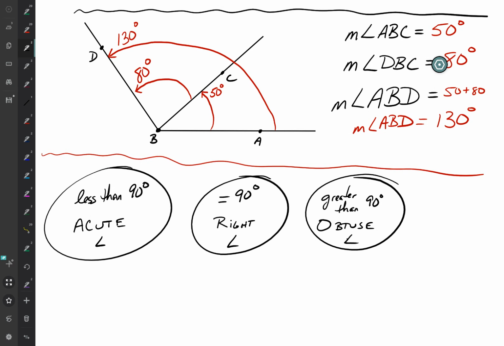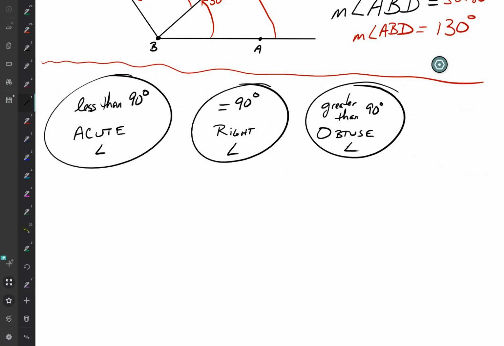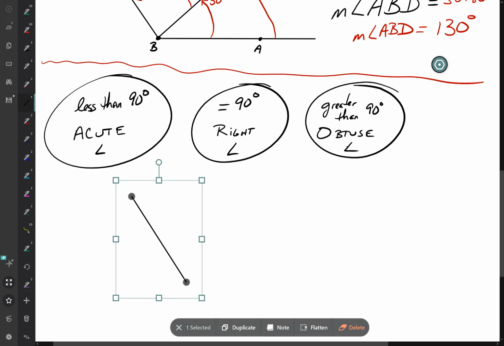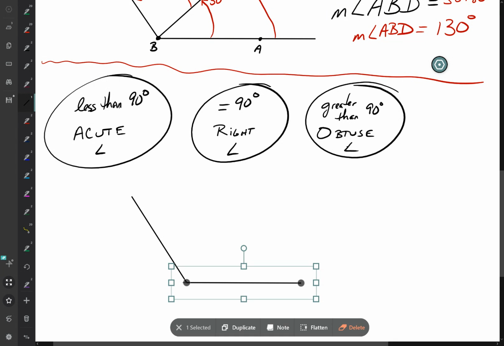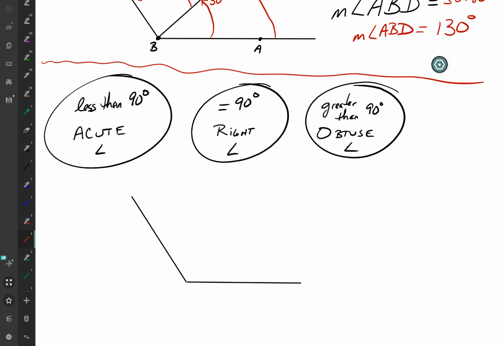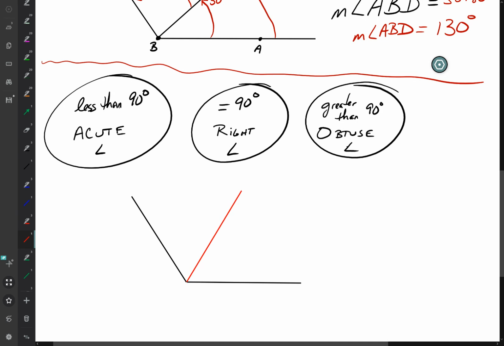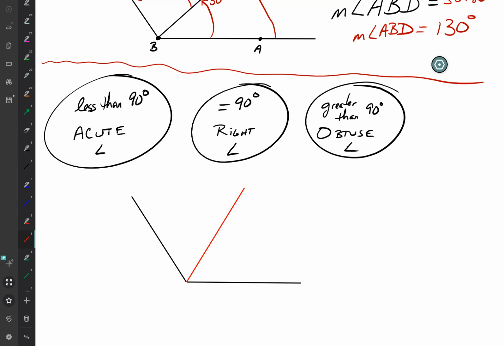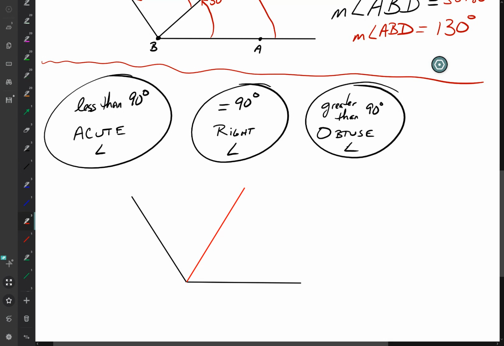Everybody got the top stuff? Last thing. Say this entire angle is 120.